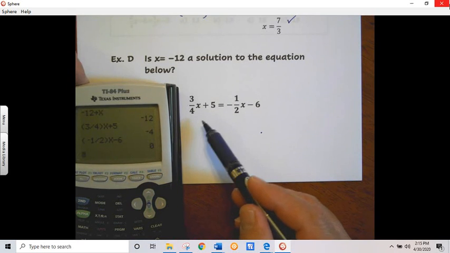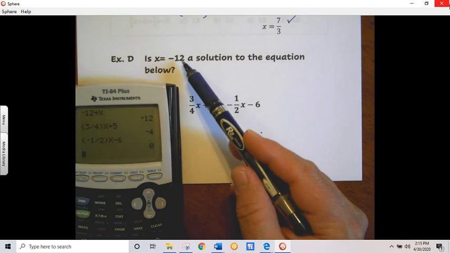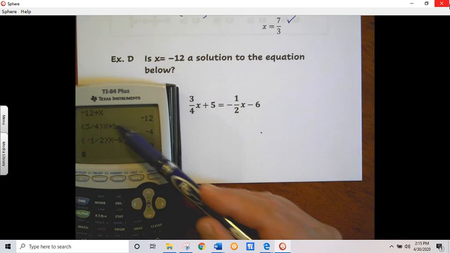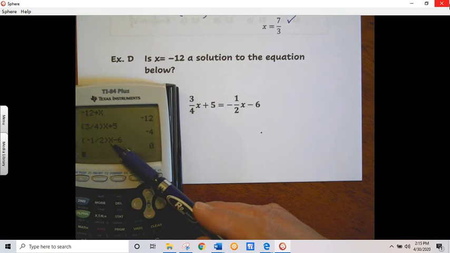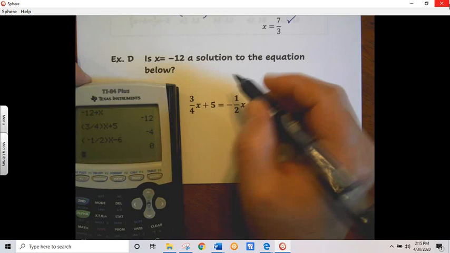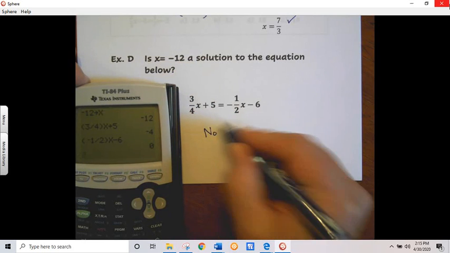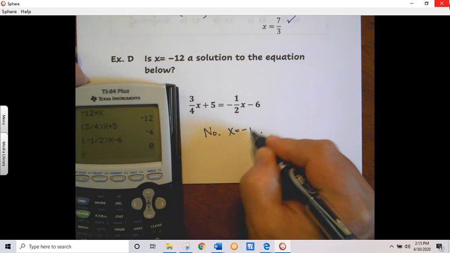And so I'm going to double check to make sure I've typed everything correctly, because this looks like it's giving an answer that's false. 3/4 x plus 5, and over here -1/2 x minus 6, and sure enough, the answer is no. X equals -12 is not a solution.